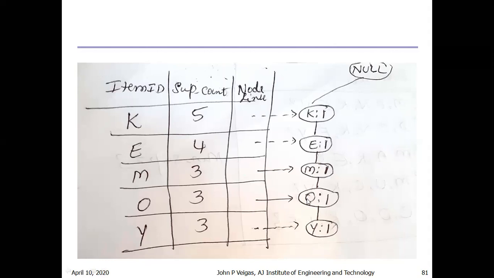And O is present, so create a node for item O, and its frequency is 1. Then create one more node Y and its frequency is 1, and connect the node link from here to this node. Now connect this. This is a path. So the ordered item set is initially nothing, then K, E, M, O, Y.